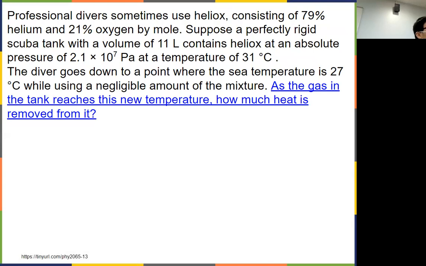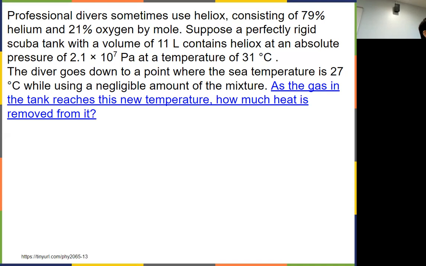It says, suppose a perfectly rigid scuba tank with a volume of 11 liters contains heliox at an absolute pressure of 2.1 times 10 to the 7 Pascal at a temperature of 31 degrees Celsius. The diver goes down to a point where the sea temperature is 27 degrees Celsius while using a negligible amount of the mixture. As the gas in the tank reaches this new temperature, how much heat is removed from it?